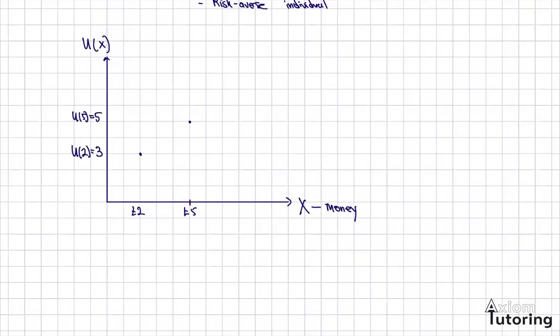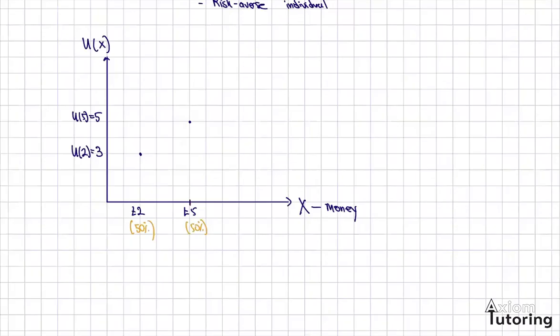Now, imagine that I tell you that either you're going to get £2 with 50%, or you're going to get £5 with 50%. You might want to think about this as a lottery.